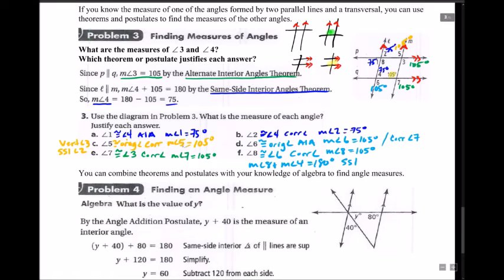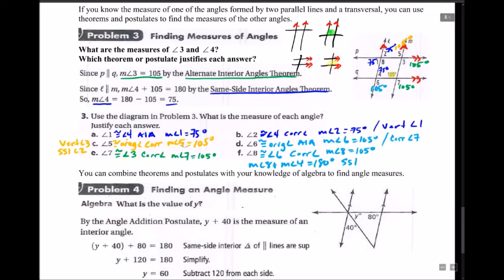Angle 1. How did we find that? Well, it is congruent to angle 4 by alternate interior angles. And so it measures 75 degrees. And then we move on to angle 2. Well, how do we get angle 2? Well, angle 2 is congruent to angle 4 by corresponding angles, or angle 2 could also be vertical to angle 1 there, right?